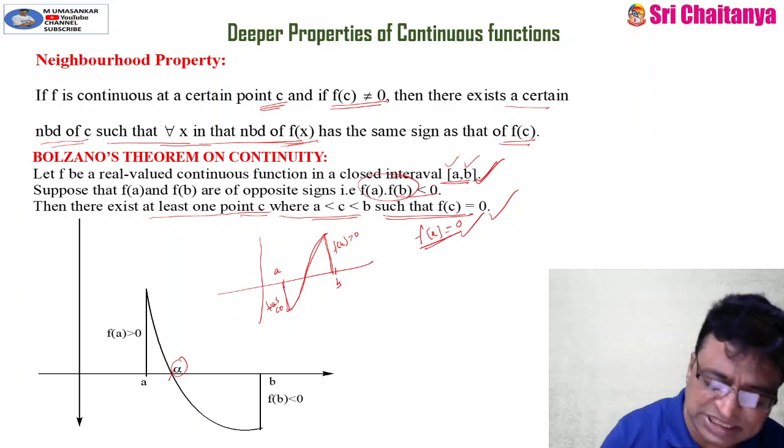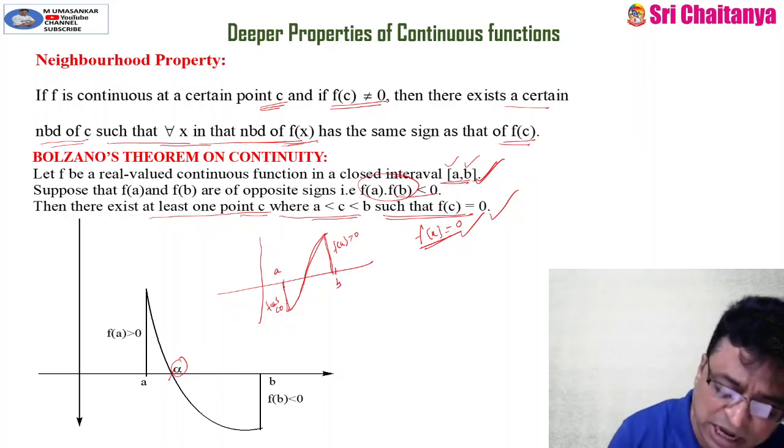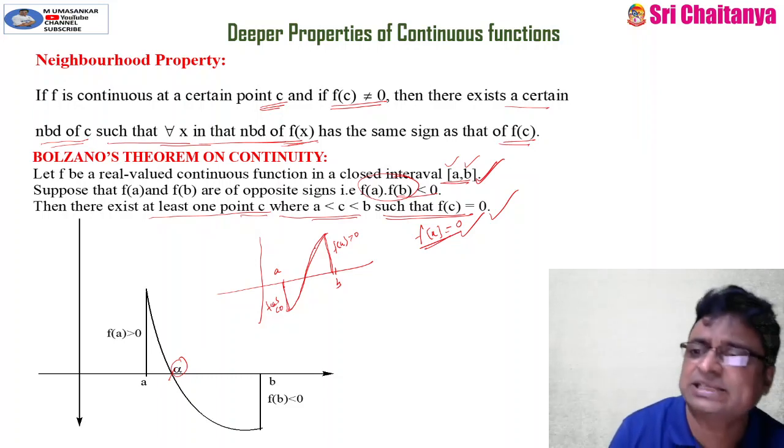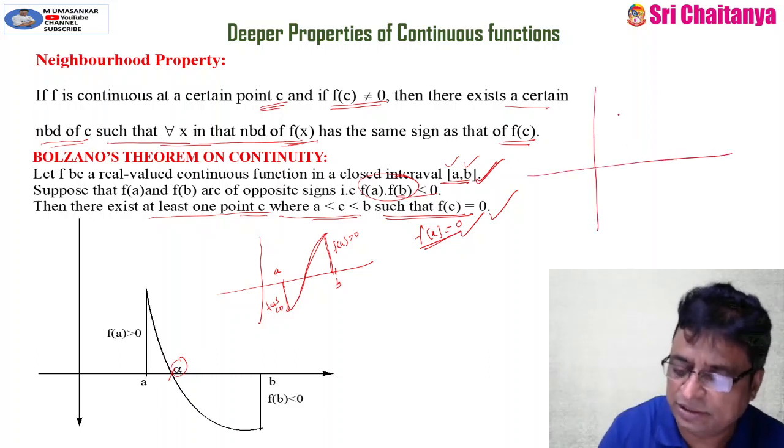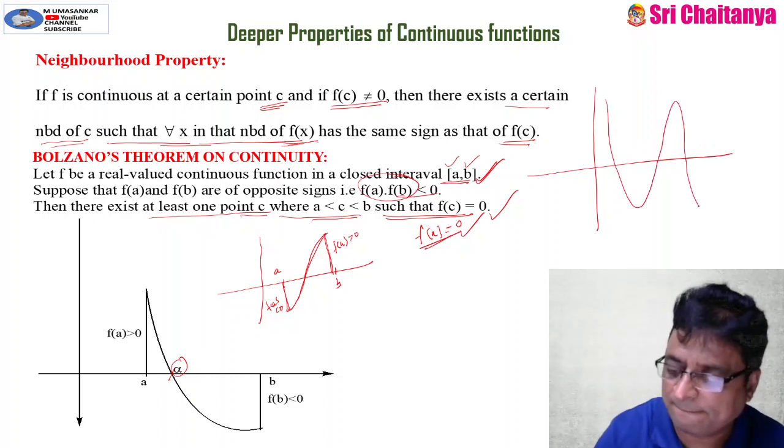Whenever this kind of situation arises, what will automatically happen? The curve automatically intersects the x-axis at some point. See, for example, you take it like this. This is a and this is b. Without lifting my hand, here also I have drawn the curve.